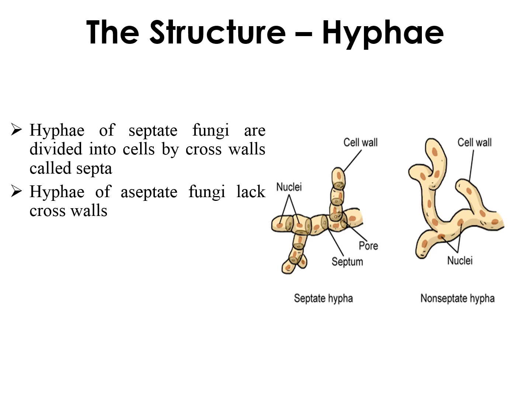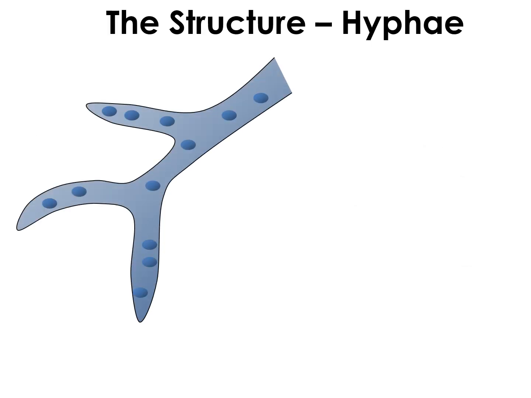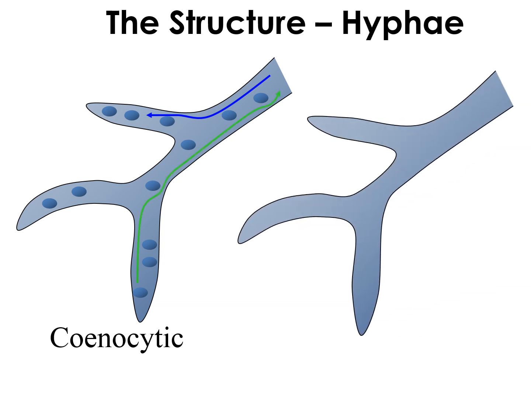In most phyla of fungi, tiny holes in the septa allow for the rapid flow of nutrients and small molecules from cell to cell along the hyphae. They are described as perforated septa. Hyphae of aseptate fungi lack cross walls. The hyphae in bread mold, which belongs to Phylum Zygomycota, are not separated by septa.